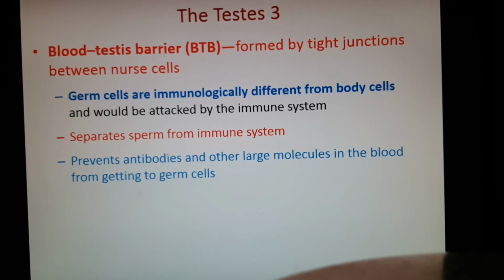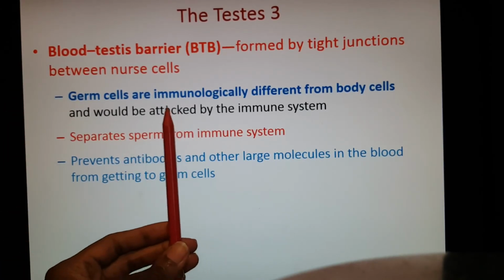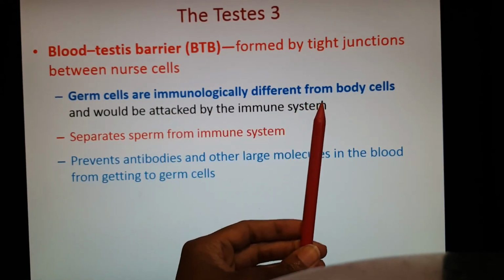If you can remember from chapter 14, I think, where we talked about the blood-brain barrier and the blood-cerebrospinal fluid barrier in the brain region, protecting the brain from anything crossing over from the blood, you have a similar barrier to protect the sperm. So the sperm, also called germ cells, are immunologically different from the rest of the body cells.